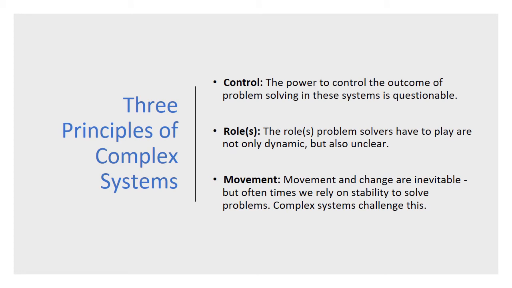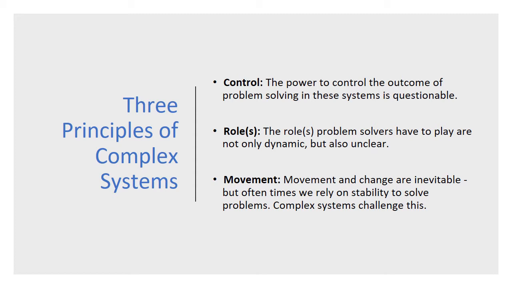Control, of course, is an illusion when it comes to complex sustainability problems. And the reason being, you often don't have the power to control the outcome of the problem that you're trying to solve. Similarly, the roles and the hats that you put on while solving sustainability problems are often very undefined.